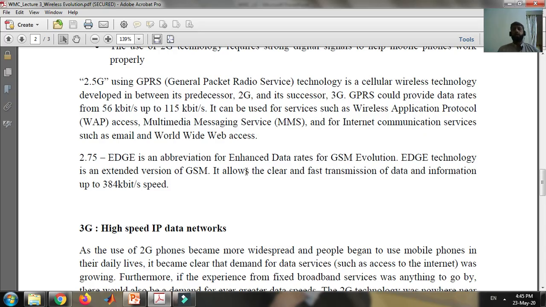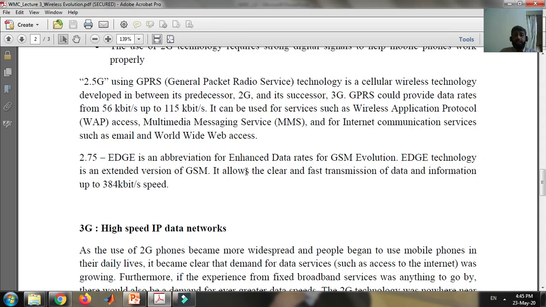It was a technology developed to provide data rates ranging from 56 kilobits per second up to 115 kilobits per second, and with that we were able to have many other applications such as multimedia services, and also we were able to integrate with the internet.